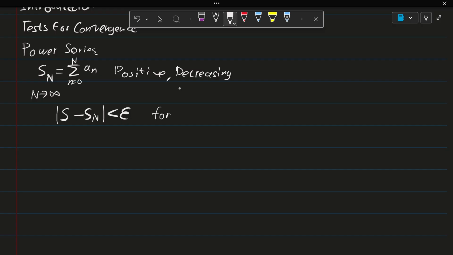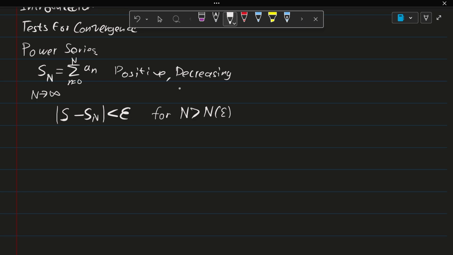This pretty much tells you that you could always find an n which is pretty large, such that if you compare the infinite series subtracted by the series until a certain value n, it will be less than the error. So in here, N epsilon corresponds to the amount of terms that you need to approach that value within the error. And if you go above it, it will be much smaller, which does make sense.